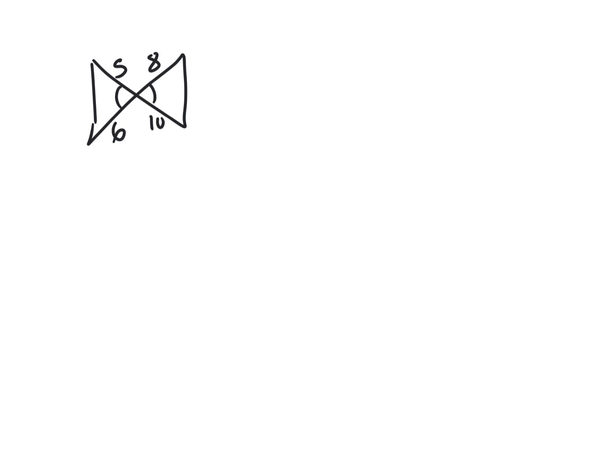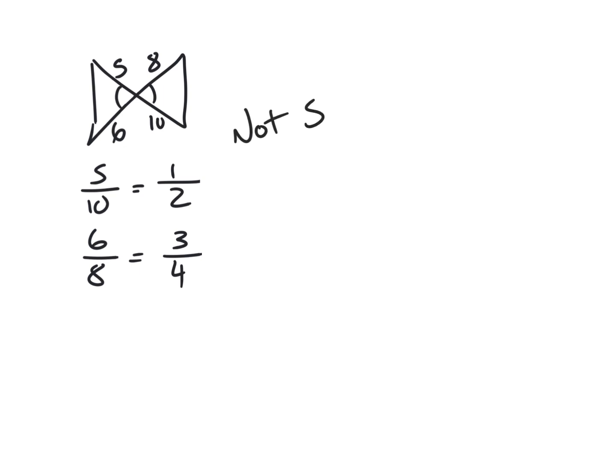If we find the scale factor, we're going to get 5 and 10, which simplifies to 1 over 2. And then 6 and 8, which is 3 over 4. So since they do not simplify to the same scale factor, these are not similar, even if the angle is congruent.